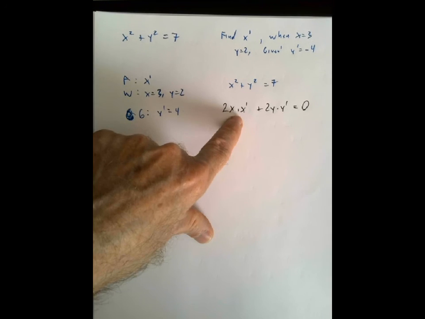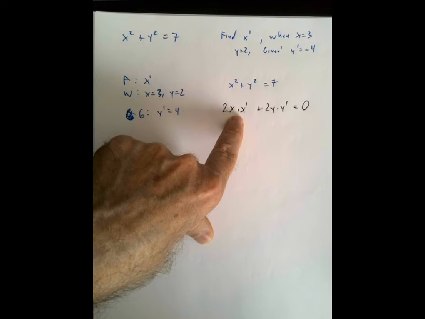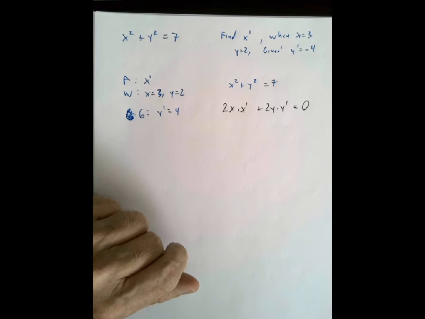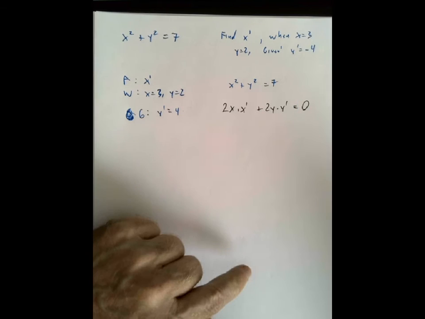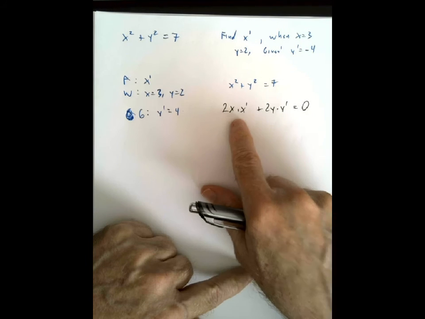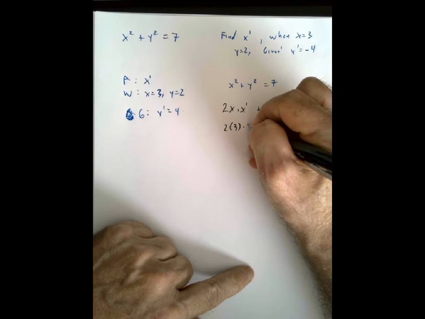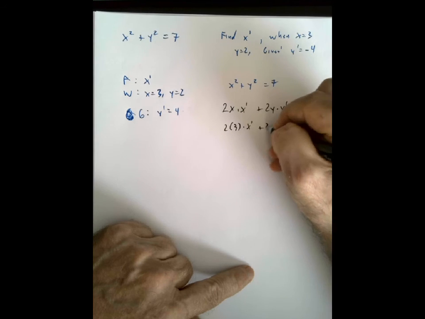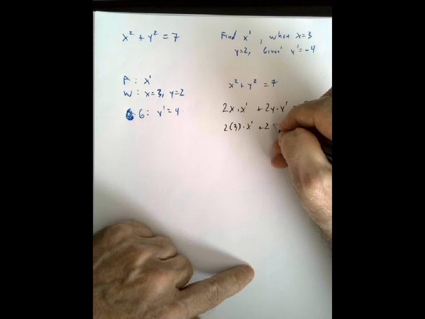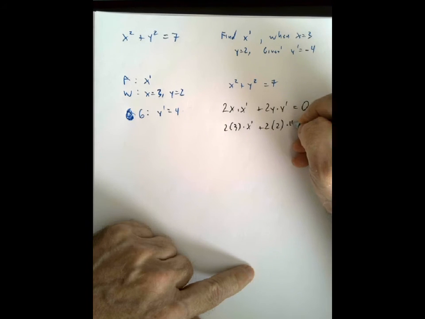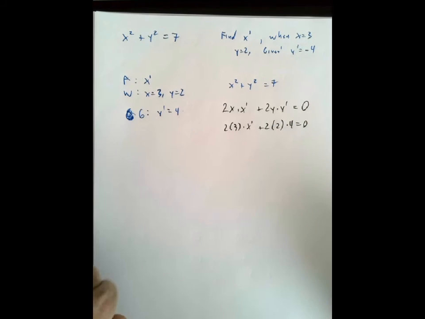So now, we want to find x prime. Well, there it is. We can either take this equation and solve it for x prime and then substitute, or we can just go ahead and plunk the numbers in, right? We know that x is equal to 3, so that's going to be 2 times 3 times x prime, plus y is equal to 2, so I'm going to put that in, times y prime, which we're given, which is negative 4, and that's equal to 0, right?